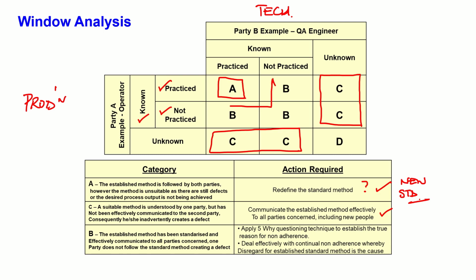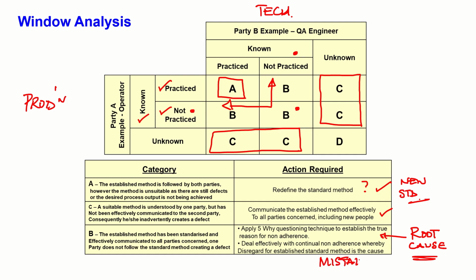So now we have a standard, it's known, so we're in this part of the table, both parties know it, but unfortunately the production department and the QA department are not practicing the standard, and that creates a defect. Yeah, so what does it say? It says, well, apply a 5 why questioning technique to establish the true reason for non-adherence. Deal effectively with a continual non-adherence. So, you know, one of the things I'd be looking at there, for instance, can we mistake proof this?